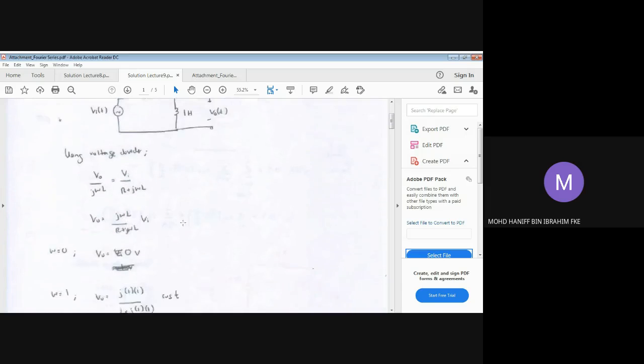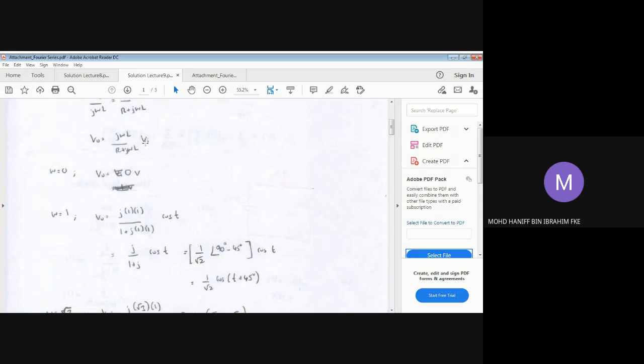So please substitute cos t for V_i. That should be the equation that is applied to calculate V naught at omega equals 1. So you end up getting j over 1 plus j times cos t, and this can be solved by using the phasor form. You end up getting 1 over √2 cos(t plus 45 degrees). Okay, so that should be the output voltage at omega equals 1.